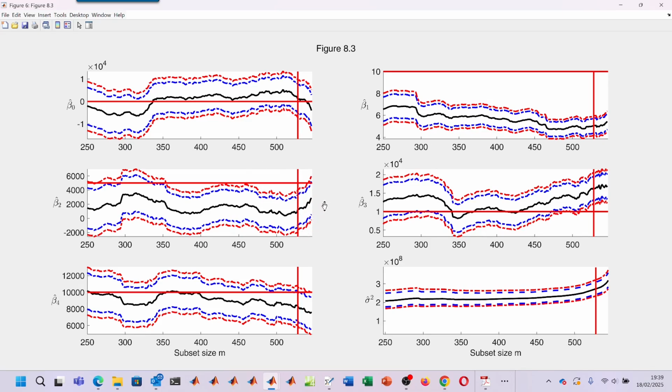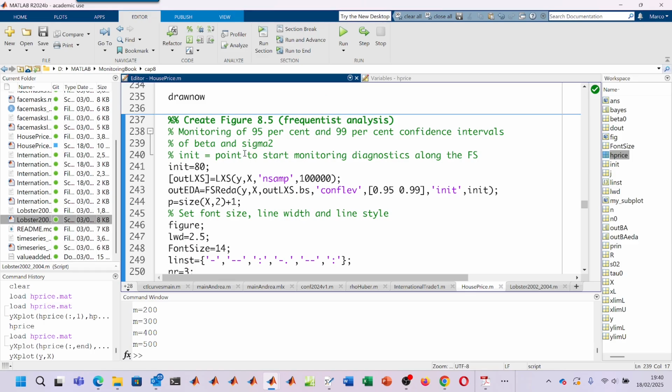That is, the entrance of the outlying observations causes an increase in the value of beta 2. The opposite is true for the estimate of the intercept, and generally the outliers correspond to an increase in the estimate of sigma squared.